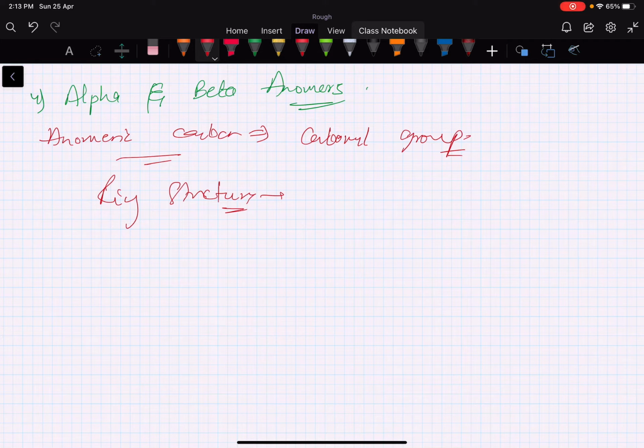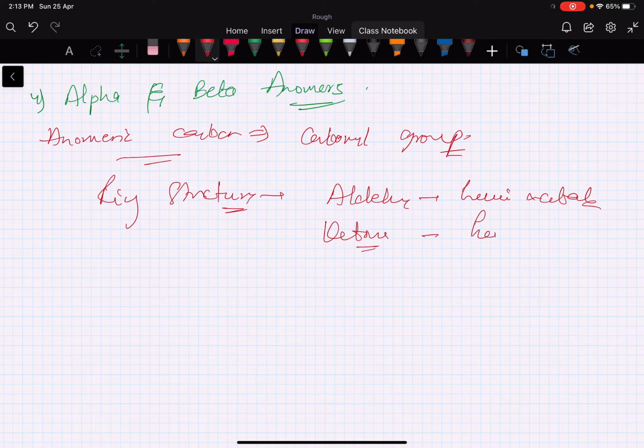Aldehyde group will be as hemiacetal, and ketone group as hemiketal.